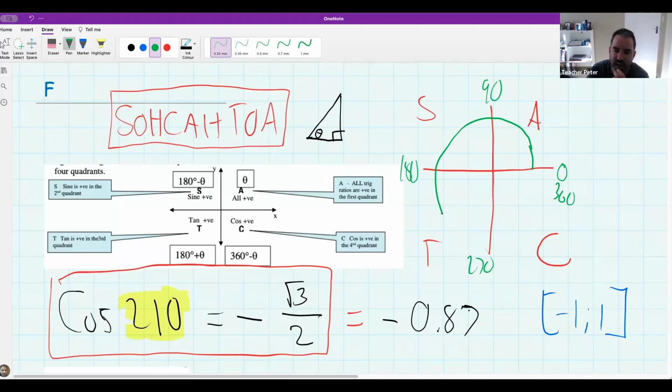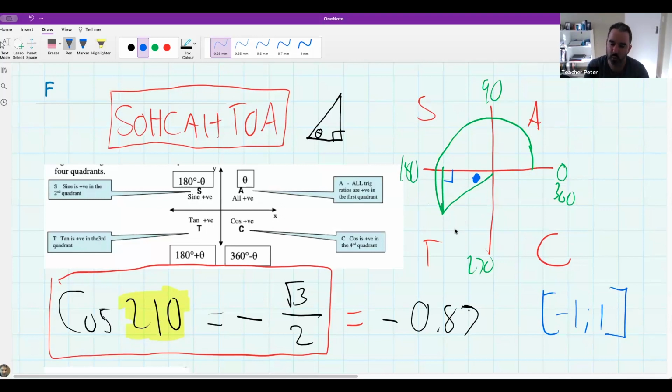And the way that we get around the problem from before about where the triangles are, is we actually draw a triangle in this quadrant. And we make a right angle triangle using the angle 210, but it's almost like we chop 180 degrees off and we just get left with this angle inside. And that's kind of the sneaky way we get around the problem of, even though the angle is bigger than 180, it only gives us a triangle with an acute angle inside because of the shape.